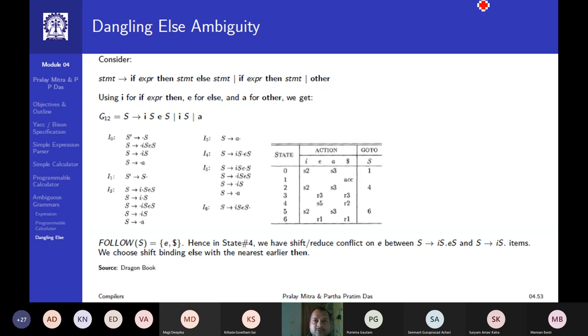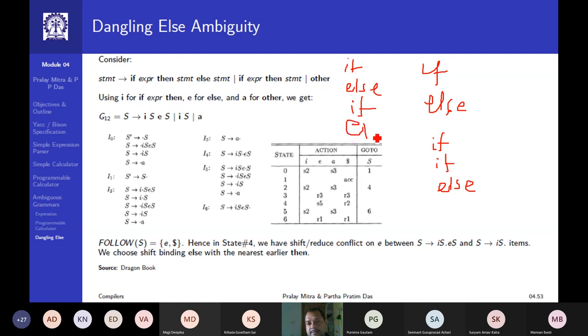Or it can be opposite also. So if else, this is one situation. Another situation, if it doesn't have any else part, another if, and then it has else. Another situation, if else, if else.